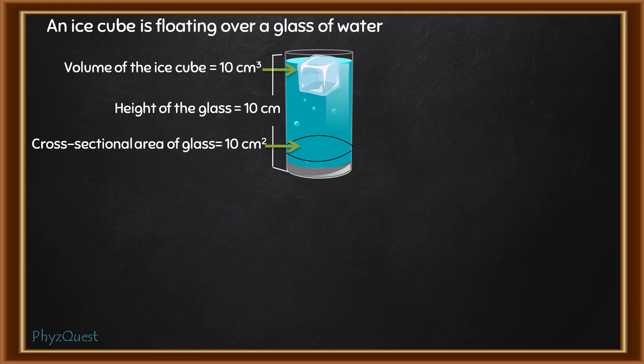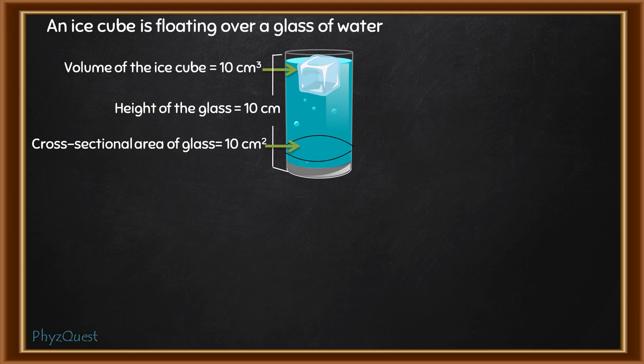If the weight of the displaced water is the same as the weight of the body, then the body will float. That is the principle we need to use here.